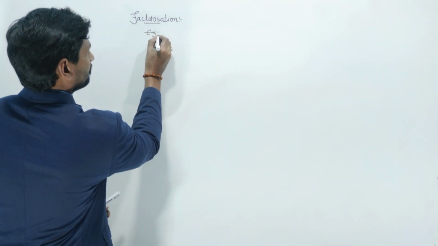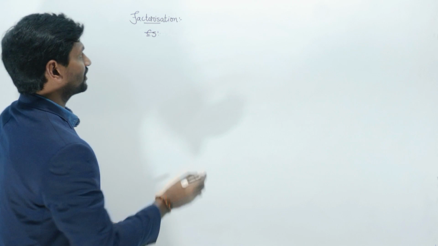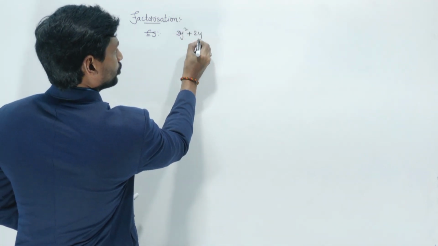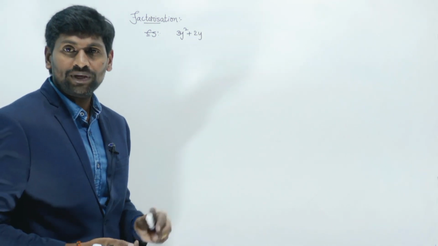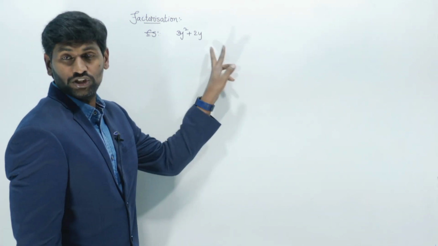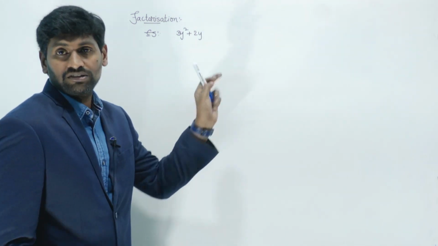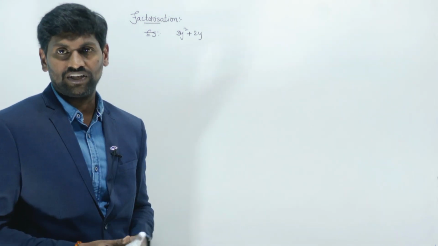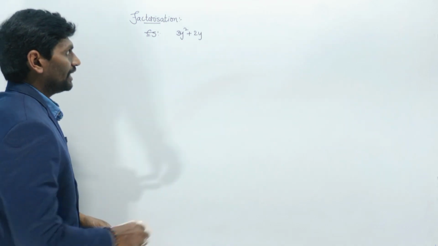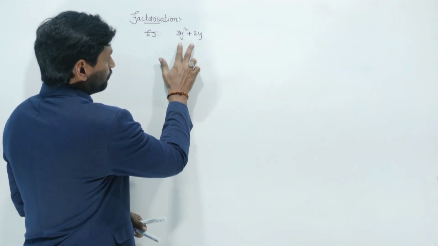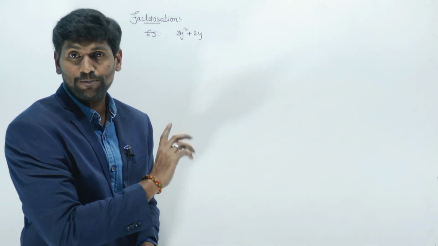For example, if you take 3y square plus 2y, it is a binomial expression, right? It contains two terms. This binomial expression we are going to write as a product of its factors. So let me tell you in detail how we write the algebraic expression as a product of its factors.